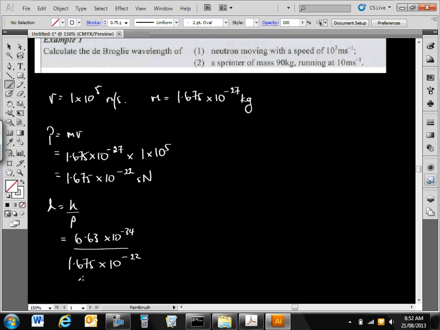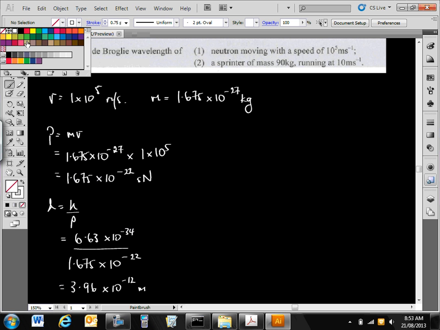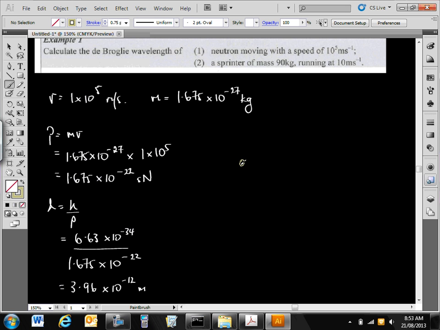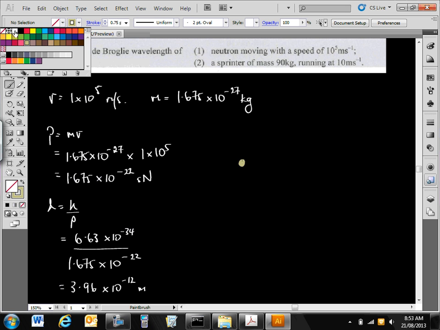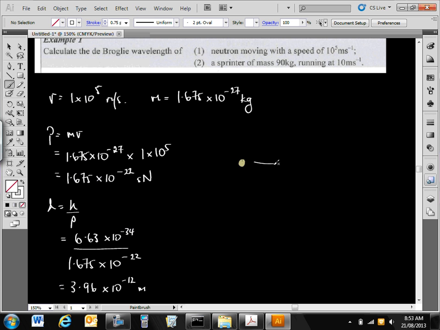Lambda equals 3.96 by 10 to the power of minus 12 meters. So this is a neutron, and I always draw neutrons in a sort of grey colour, moving at 10 to the power of 5 meters per second, quite fast, and it has a wavelength associated with it.